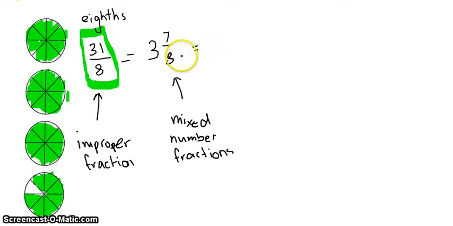So just to make things a little more interesting, we could rename this fraction again in a different way. Let's say there are 2 wholes. 1, 2 wholes. Okay, how many eighths would there be left? Okay, we could say, well, there's 8/8 here and there's 7/8 there.